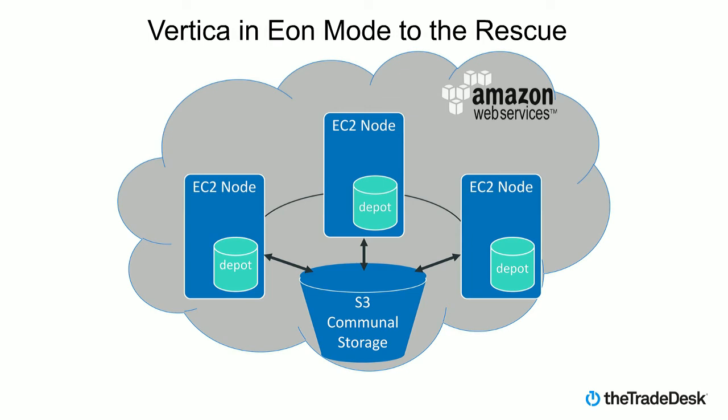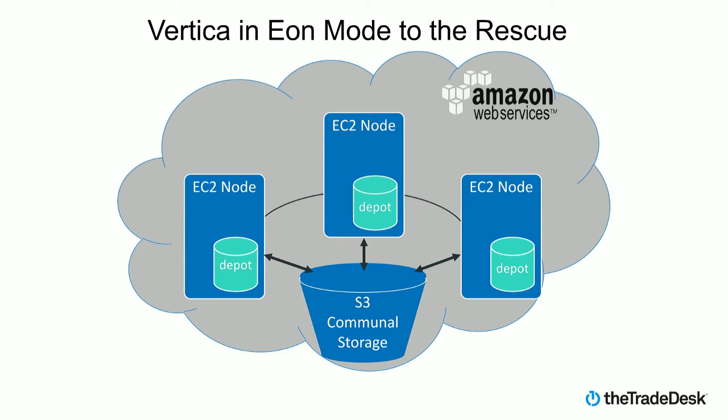The other thing that I want to point out is that since this is the cloud, another problem that it helps us solve is the concurrency problem. You can imagine that these three nodes are one cluster, and what we can do is spin up another three nodes and have them point to the same S3 communal storage bucket. So now we've got six nodes pointing to the same data, but we've isolated each set of three nodes so that they act as if they are their own cluster.